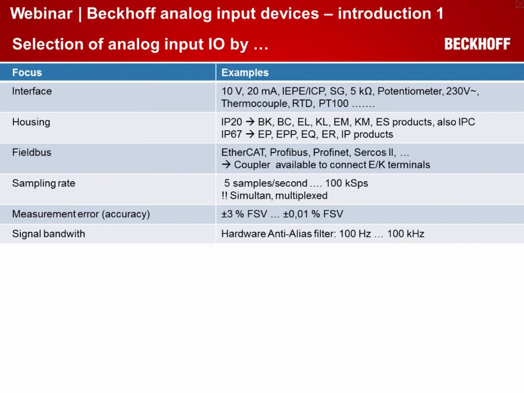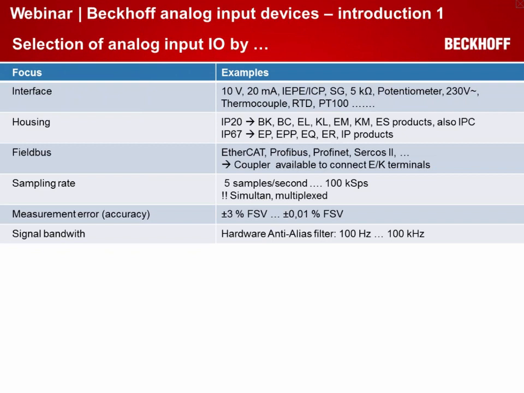Then from the application comes the requirement about the accuracy. How big is the measurement error allowed? And there we have very different terminals, from very rough measurement error, 3% full scale value, up to very precise ones.